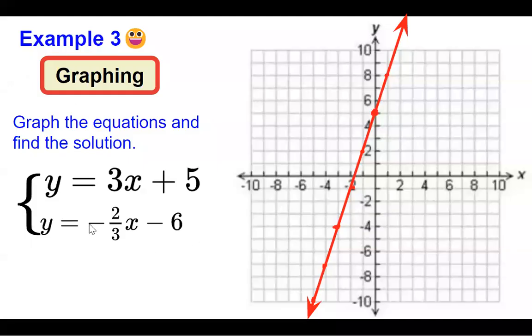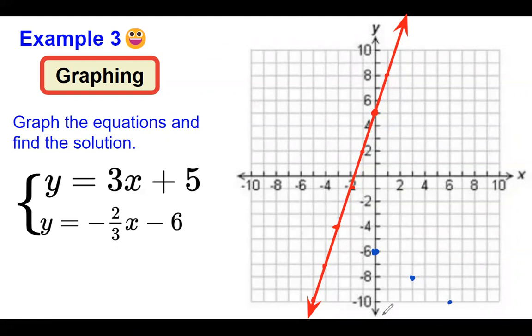So we're going to go ahead and start at my y-intercept, which is negative 6. On my x-axis or y-axis? Y-axis. Okay, perfect. Woo-hoo. And then what do I do next? 1, 2, and then over 3. Down 2, over 3. Do I see the whole intersection happening?